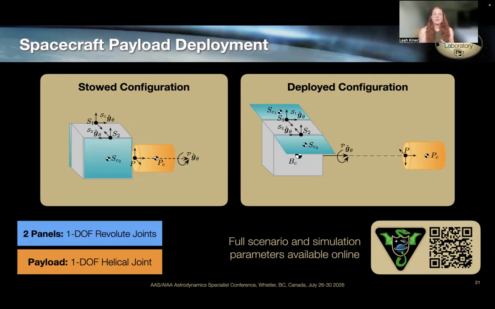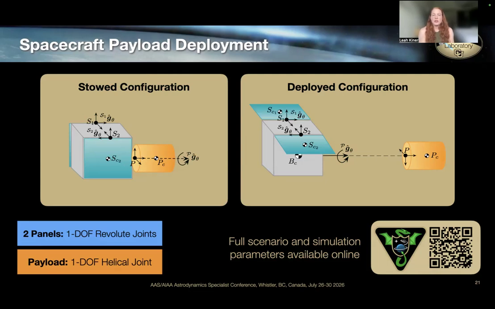So we start in the stowed configuration where we first deploy each of these panels upwards by 90 degrees, followed by we deploy the payload about 5 meters away from our hub, and it completes about 4 spinning rotations as it deploys that 5 meters.